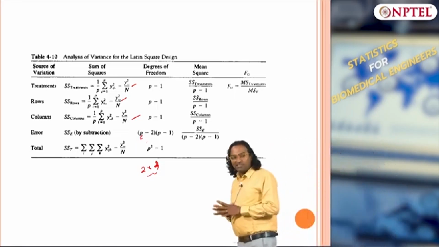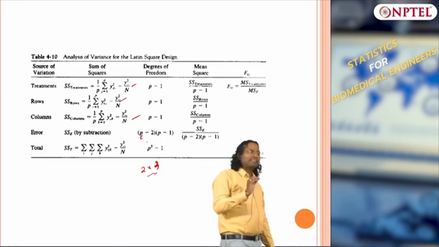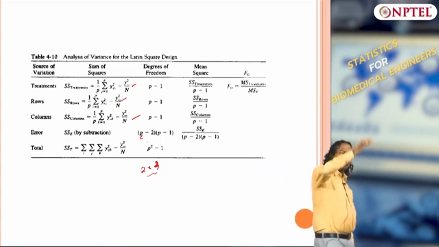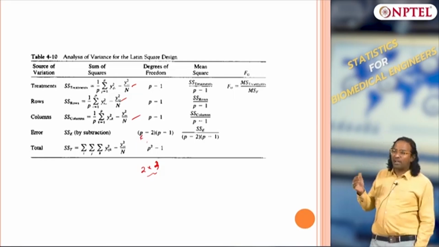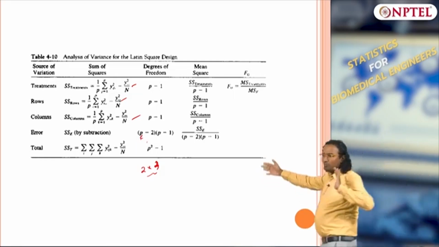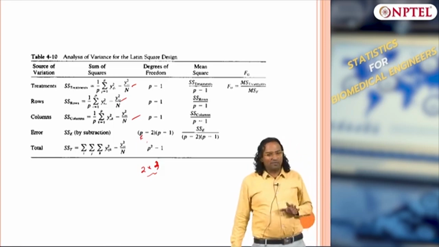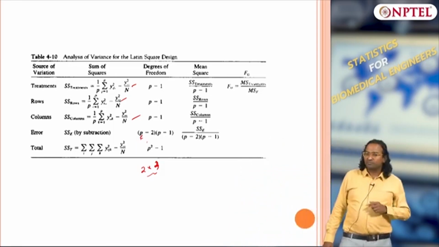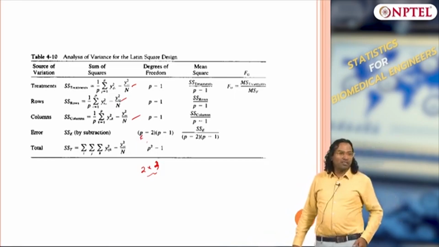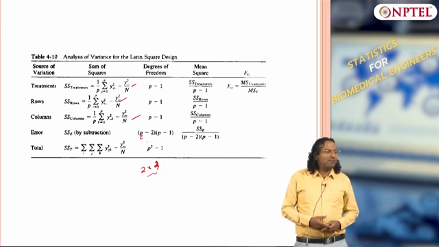But what is interesting is that the degrees of freedom goes down drastically. In RCBD and ANOVA I had the luxury of having more rows or more columns, here I do not have any of that, it is a square design. So, how do I improve the degrees of freedom, because the degrees of freedom is so low?